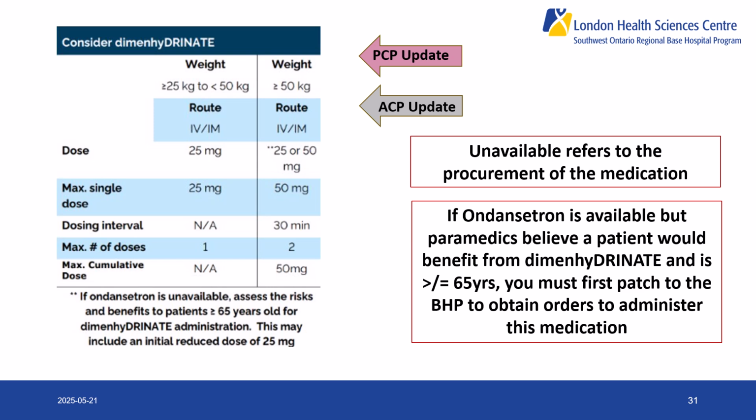The dosing of dimenhydrinate for patients under 65 years of age should be dependent on their weight as seen here. Another important take-home within this directive is that if ondansetron is available, but the paramedic believes a patient would benefit from dimenhydrinate and is greater than or equal to 65 years, you must first patch to the base hospital physician to obtain orders to administer this medication.